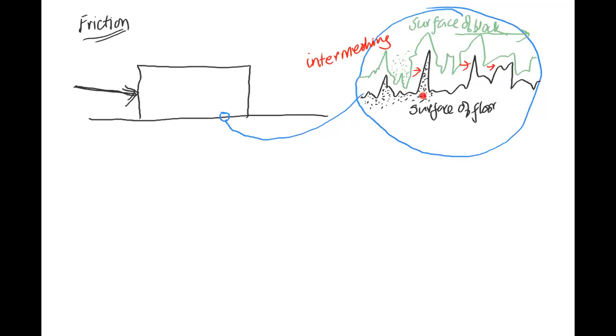If, however, I keep on increasing this force, then at some point of time, either these bonds will break or these bonds will break. And when that happens, the surfaces will have relative motion between them.